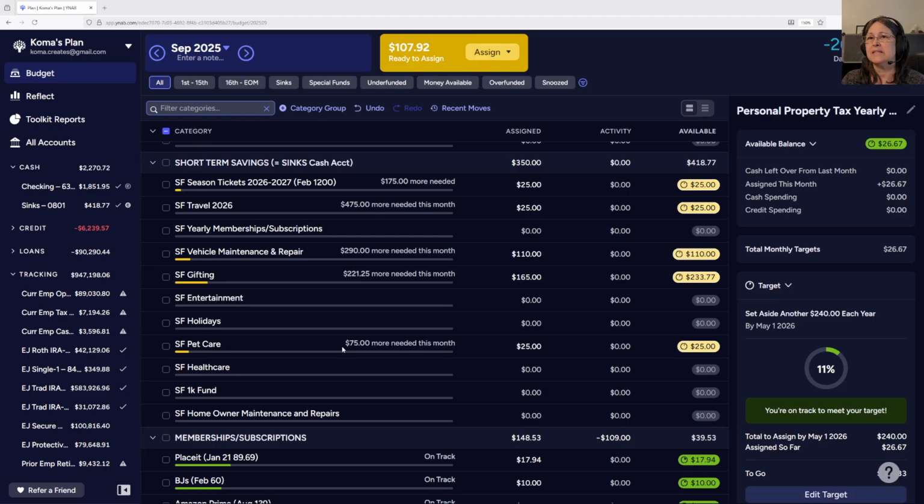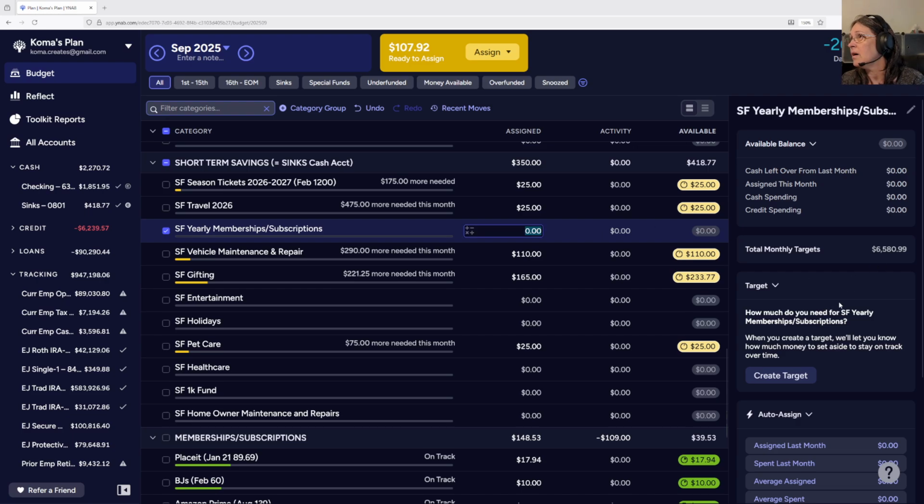But I think the biggest thing I'm facing now is probably the vehicle maintenance and repair, because in December, and of course Christmas, in December I have the inspection, the oil change, and most likely tires. Now, I believe I looked up tires, and now I can't remember how much I thought it was going to be. I actually looked up how much replacement tires for my car were. They weren't as expensive as you think. So maybe $800.